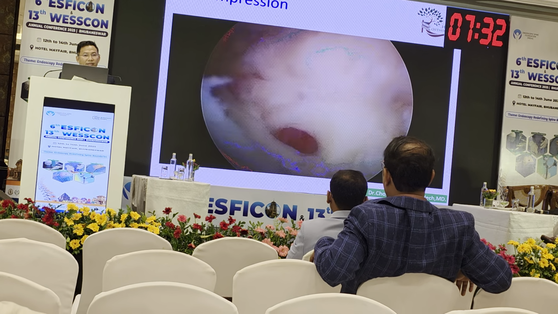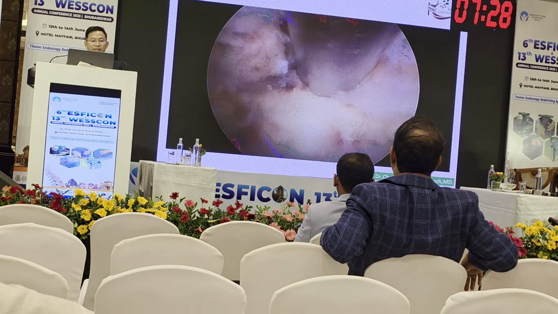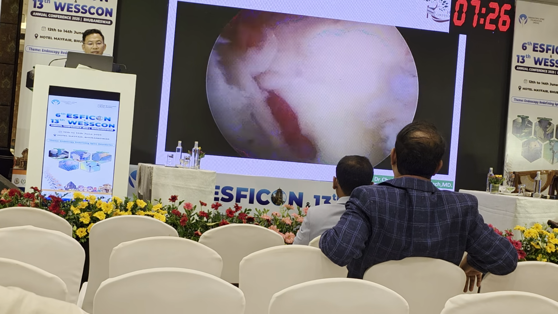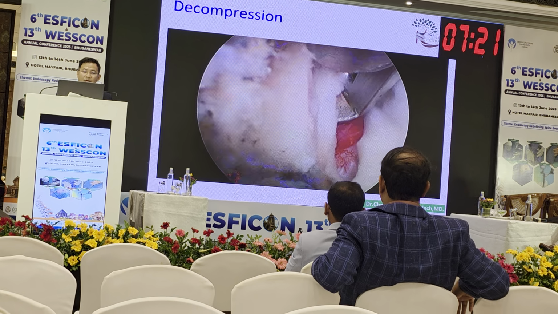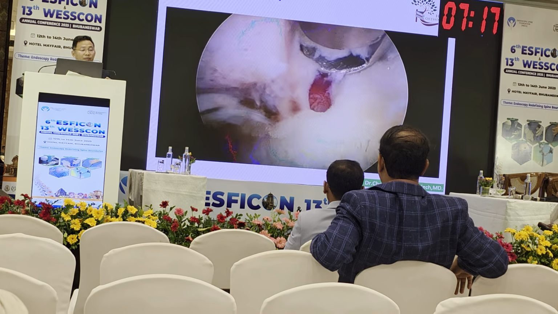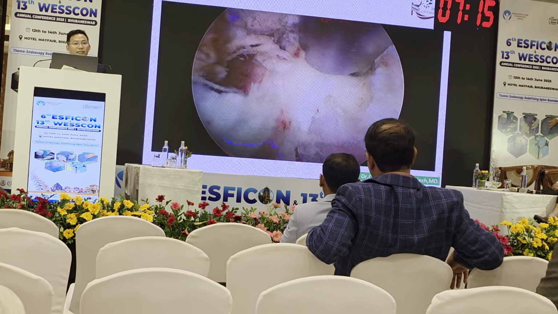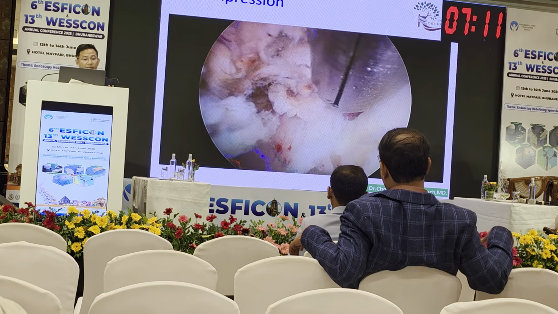After trimming the facets, go down to the lower lamina, and it's better if you use an oval burr like Dr. Monoportal says. But sometimes you can try a little bit with a thin Kerrison to nibble some pieces of the ligamentum flavum.